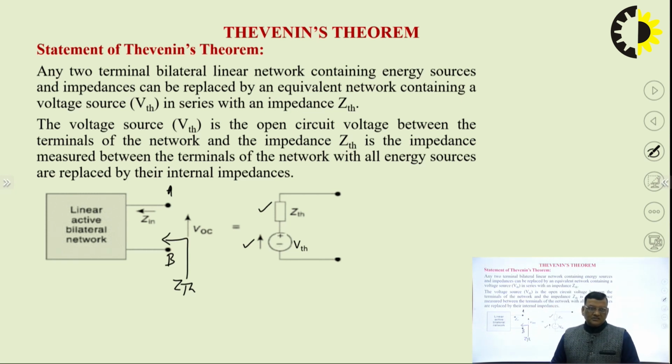First we will discuss how to calculate ZTH if the circuit contains only independent sources. Then we will discuss how to calculate ZTH when the circuit contains both dependent and independent sources, and lastly, if the circuit contains only dependent sources, what the Thevenin equivalent will be and how we will find the variables ZTH and VTH.